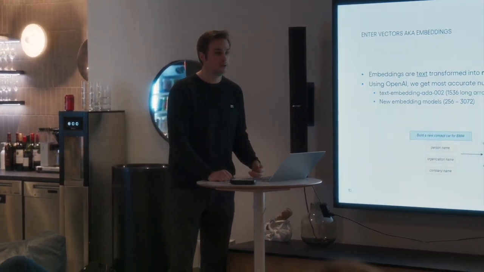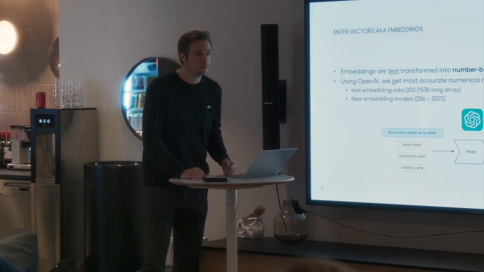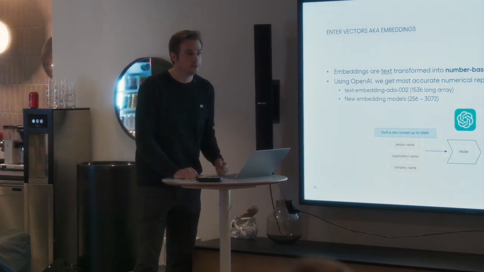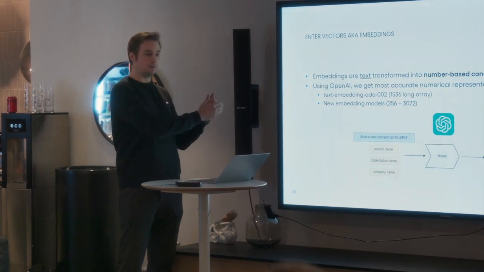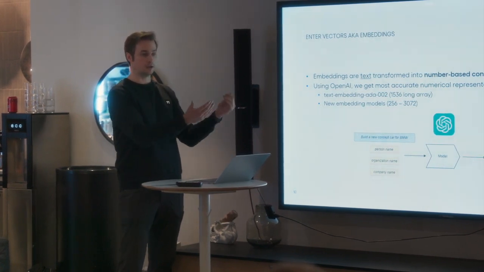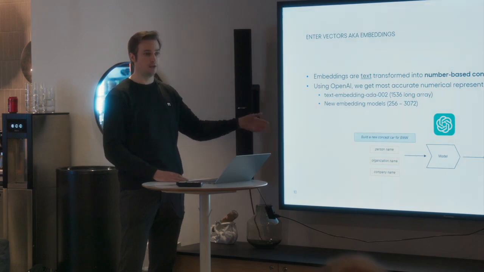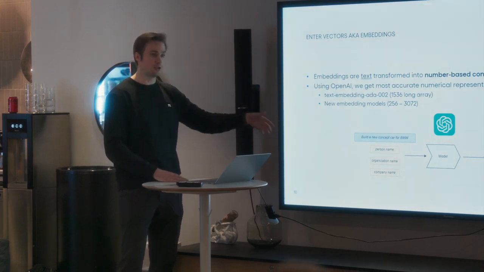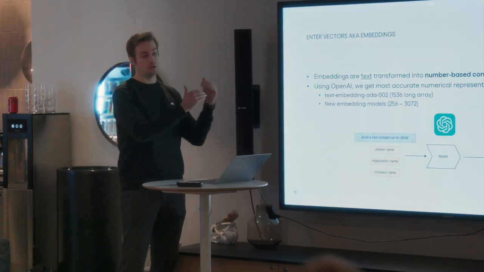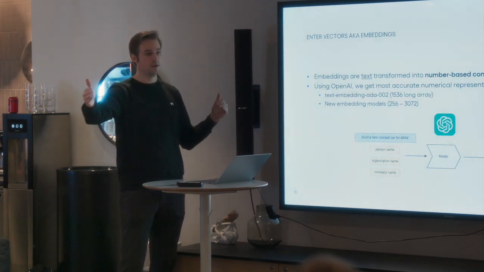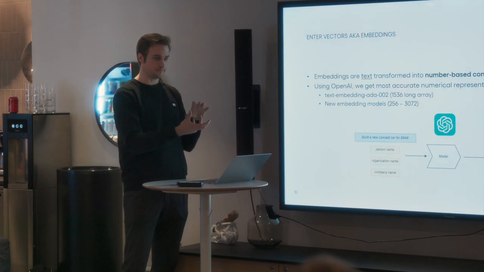Question? What exactly do you vectorize? The name of columns, or? We vectorize the name of the table and the column. Because the table name is like person or organization, and then that table has a column called name, or first name, last name, they describe entities.